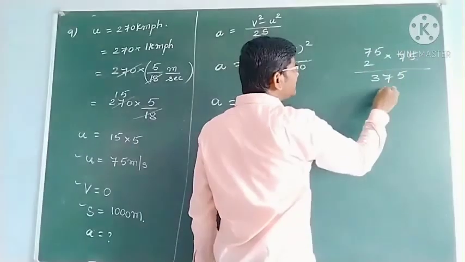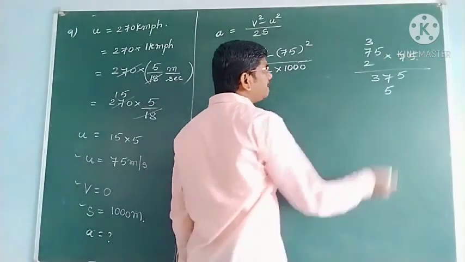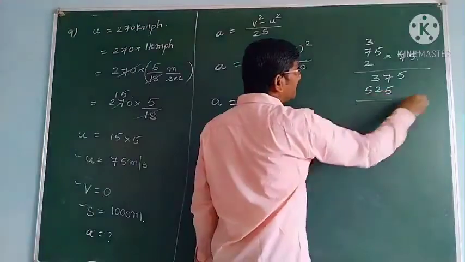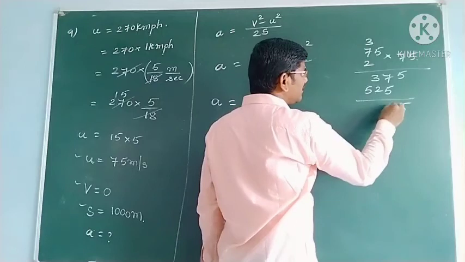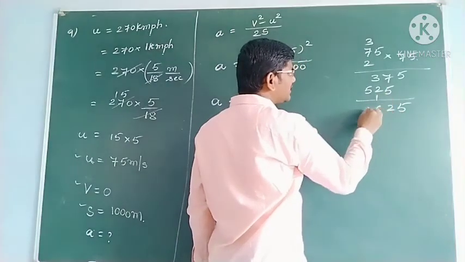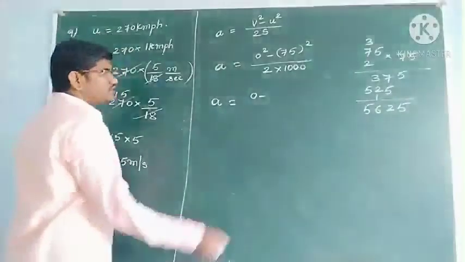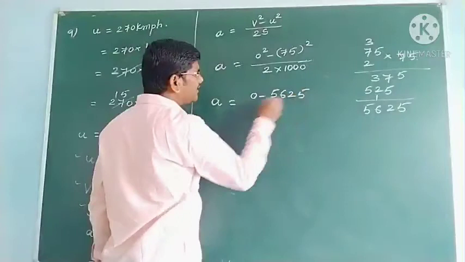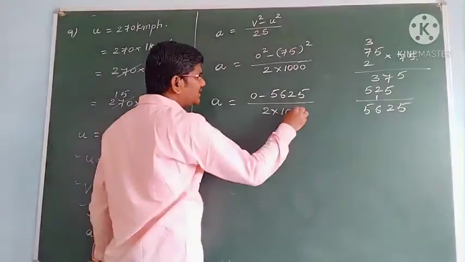Then 7 5s are 35, 5 and 3. 7 7s are 49, 49 plus 3, 52. Then 5, 6, 2, 5. So you will get its value as 5625 by 2 into 1000.